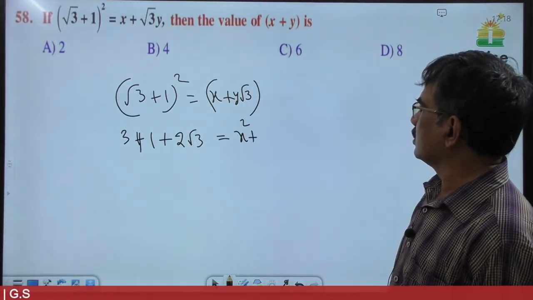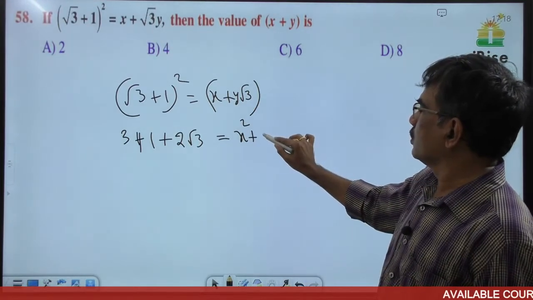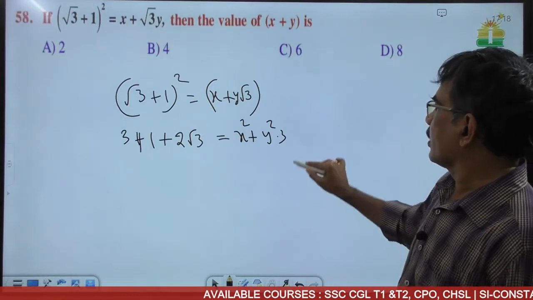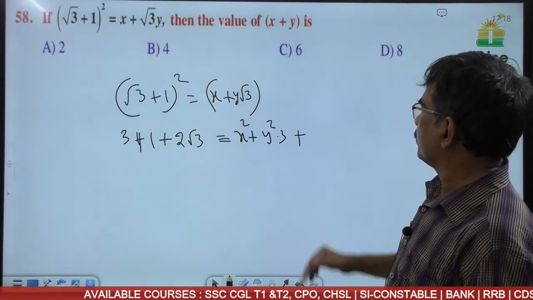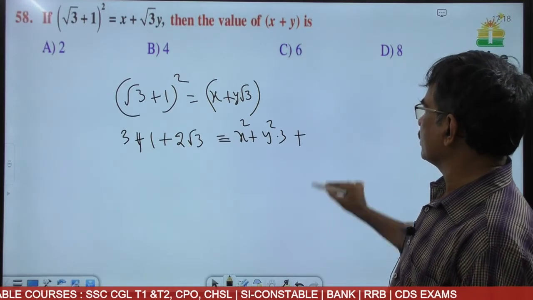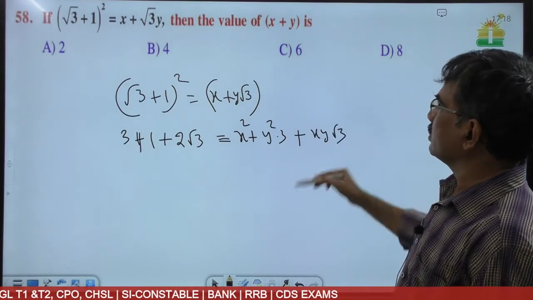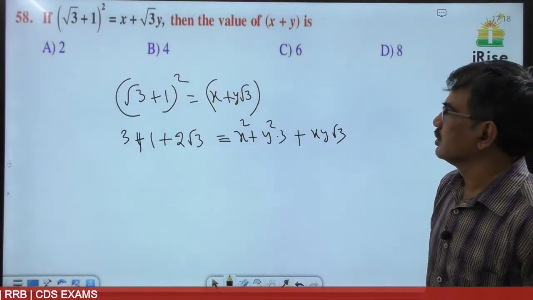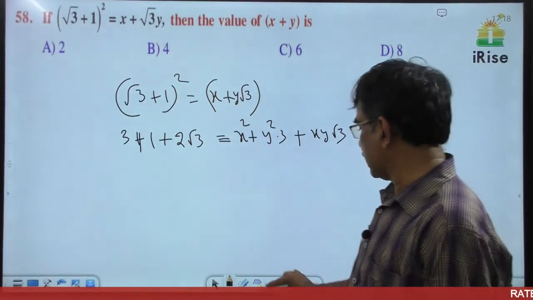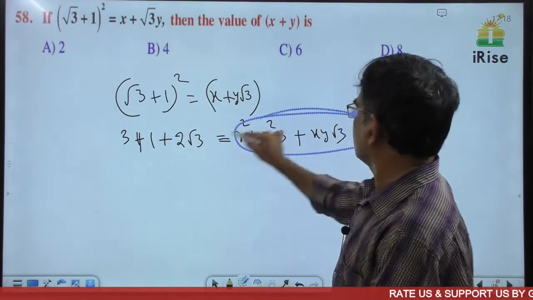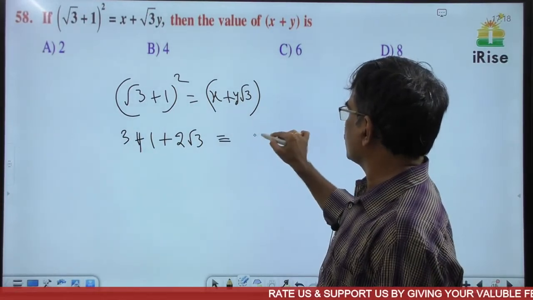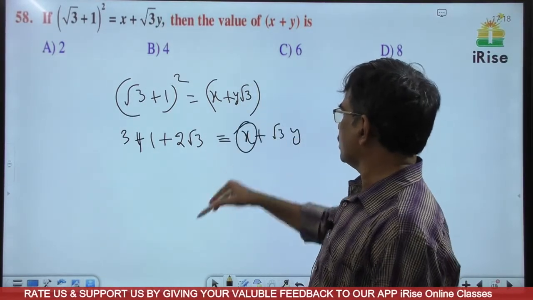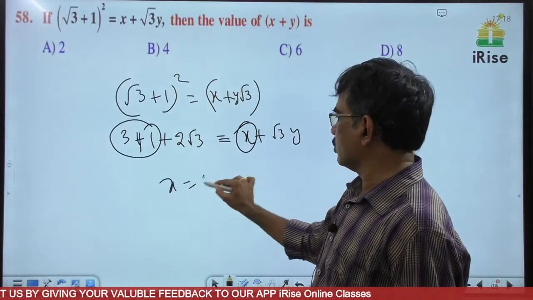Directly, this is given as x plus root 3 y. Here the rational part is equal to 4, so x is equal to 4.